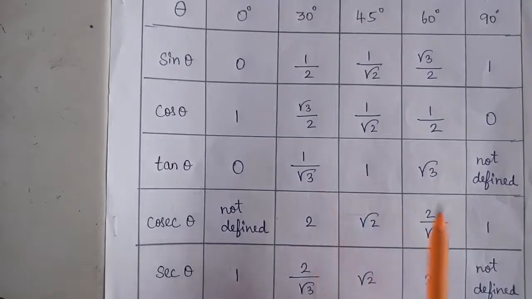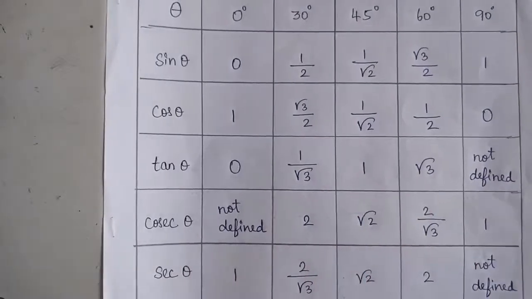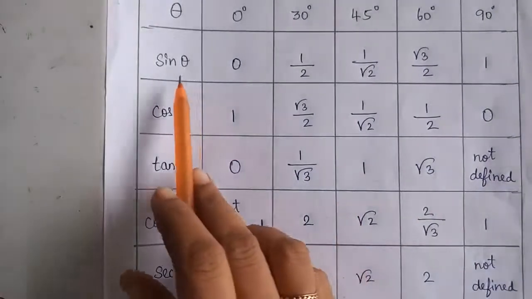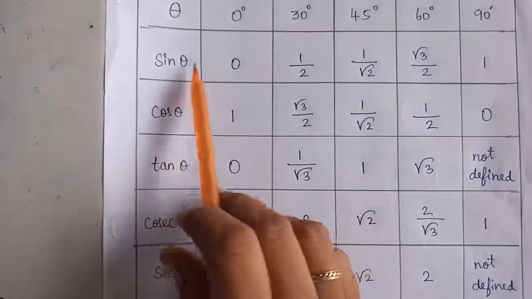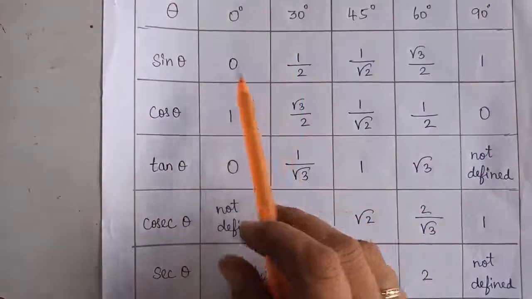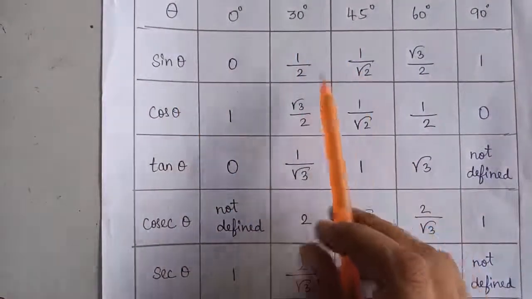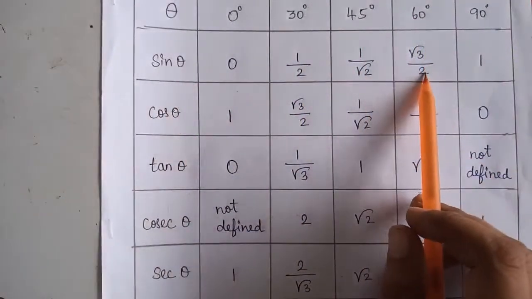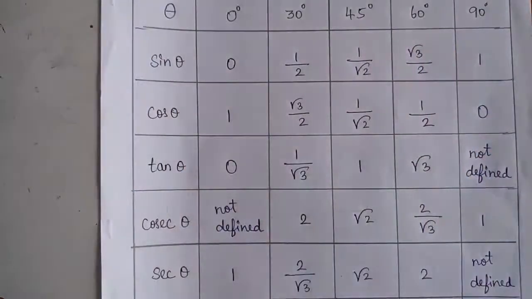So now you get the trigonometric table like this. Sin 0 degree is 0, sin 30 is 1 by 2, sin 45 is 1 by root 2, sin 60 is root 3 by 2, and sin 90 is 1.